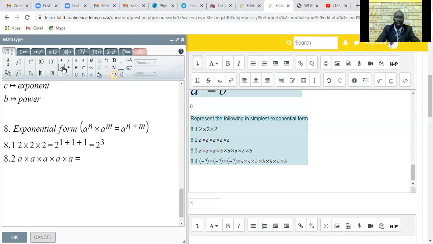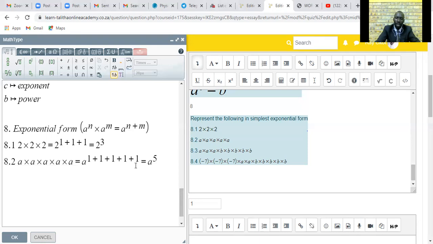Well, we can write this as A with exponent of 1, 2, 3, 4, 5. So we'll be having 1 added to another 1, then another 1, then another 1, then another 1. This time giving us A with exponent of 5. Yes, and that's the answer.